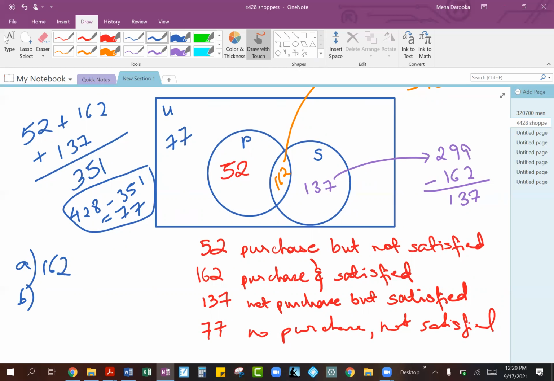Very nice. So that's actually going to be the total of the three regions inside our two circles. And we already added that up right over here. So that is your 351, because remember, this is a union between purchase and being satisfied.